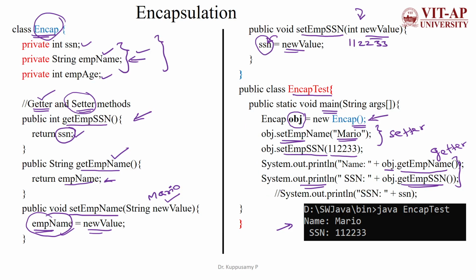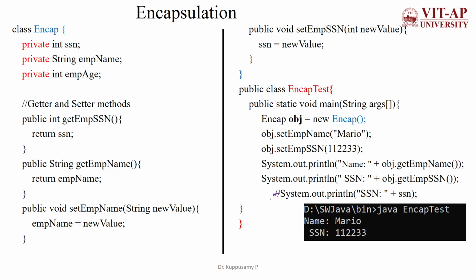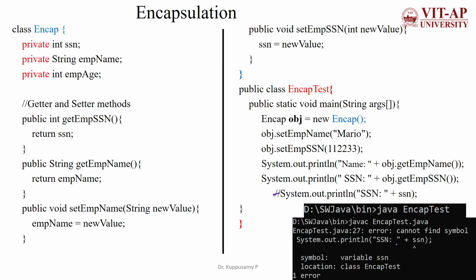Suppose you want to access the value of ssn directly: when you remove this comment line and execute, you will get a compile error. It cannot find the symbol ssn because this is a private variable defined inside another class, so we cannot access it from this encap test class.